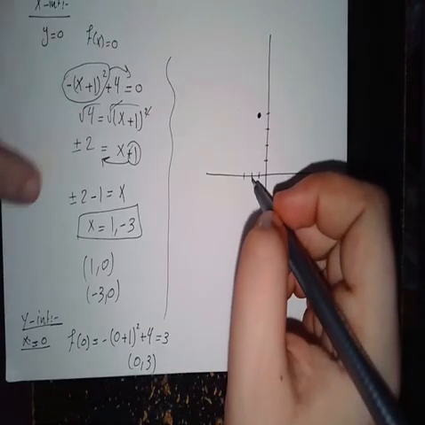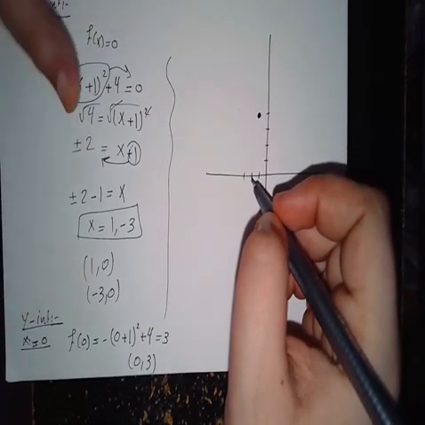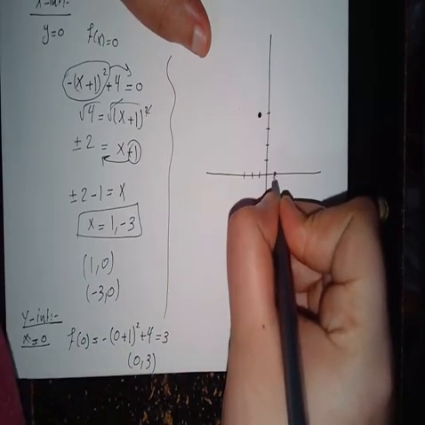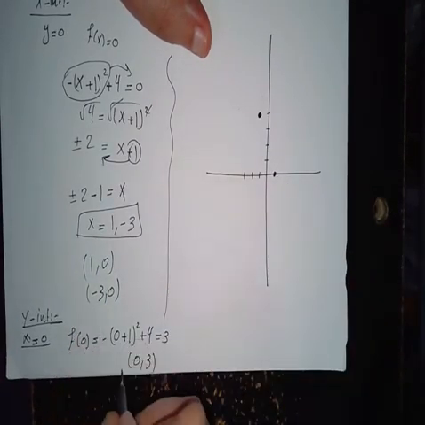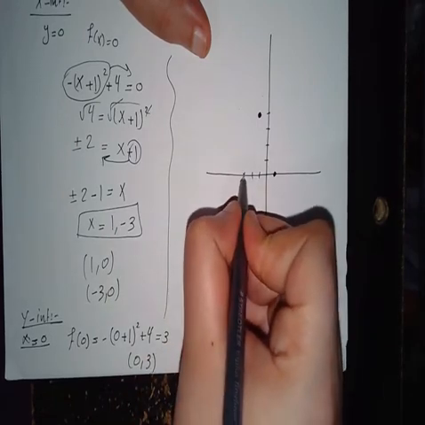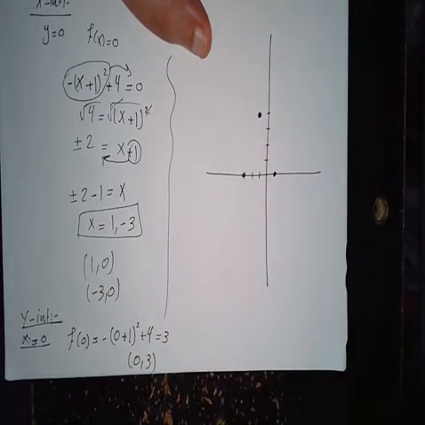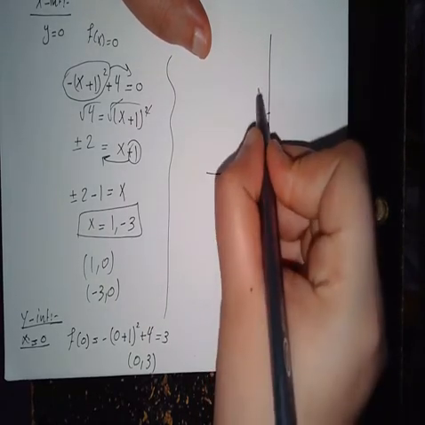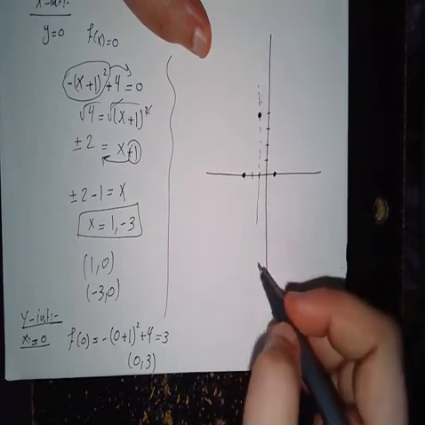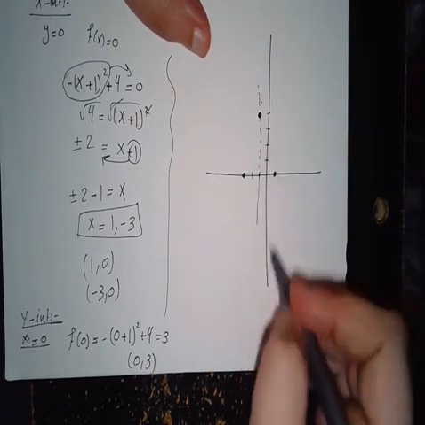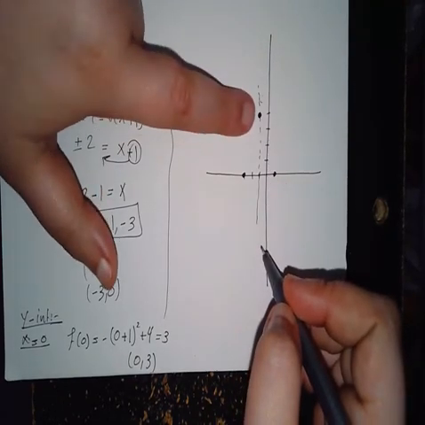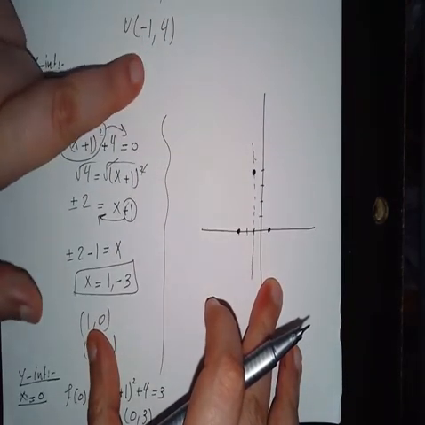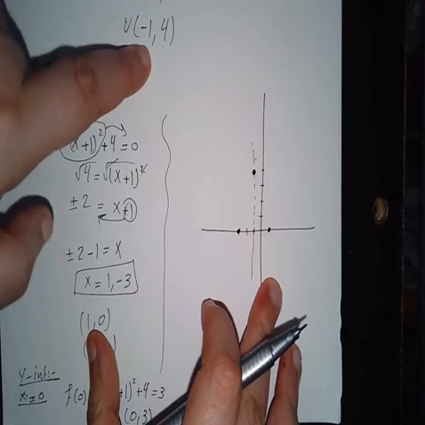Now, let's plot the x-intercepts. First one is the point (1, 0), which is right here. Second one is the point (-3, 0), which is right here. Notice that at x equals negative 1, we have the so-called axis of symmetry, right? Every time I graphed one, I showed it to you, and it is the same exact value as the x value of the vertex, the h, negative 1, every time.